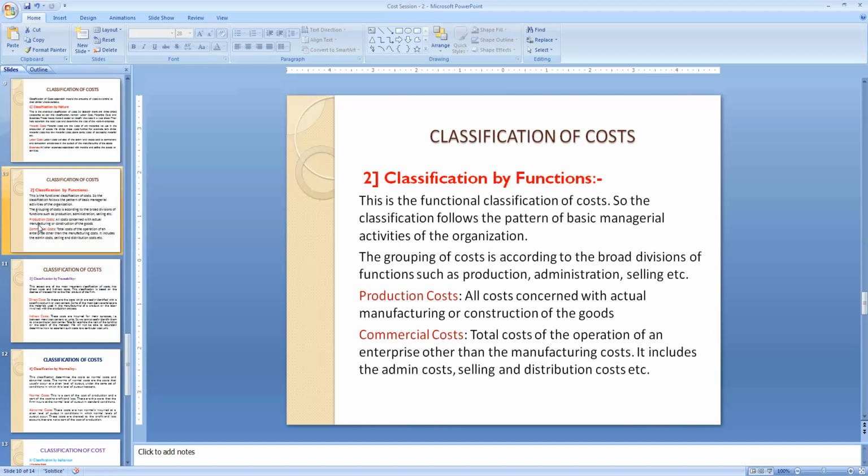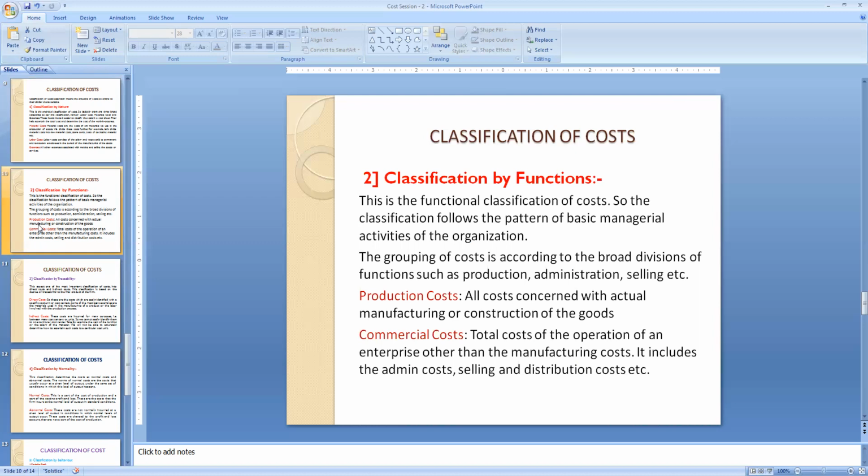What are these production costs? Production costs are all costs concerned with the actual manufacturing or construction of the goods. This is the cost of the sequence of operations which begins with supplying of materials, labor and services and ends with packing of the materials.